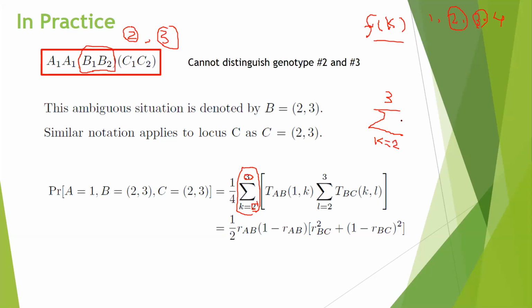So if we do the summation from 2 to 3, this gives you f(k=2) plus f(k=3). The summation starts from 2 and goes to 3, so we only add up these two numbers.